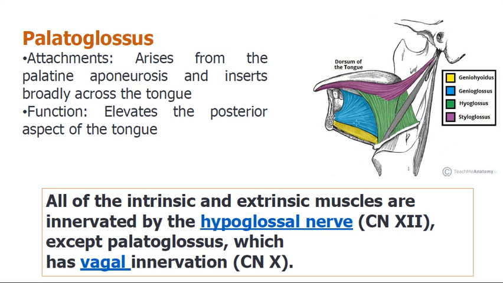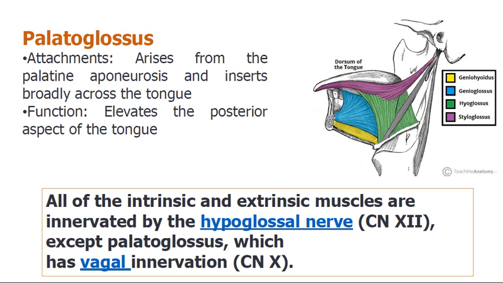Actually, this muscle is covered by mucosa, forming a fold called the palatoglossal fold, which is the same as we mentioned just before, the anterior pillar of the tonsillar bed, forming the boundary of the oropharyngeal isthmus. And when we dissect the mucosa, we find muscle fibers inside, which is the palatoglossus muscle itself.